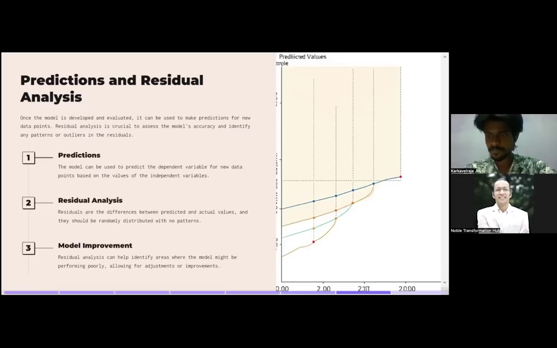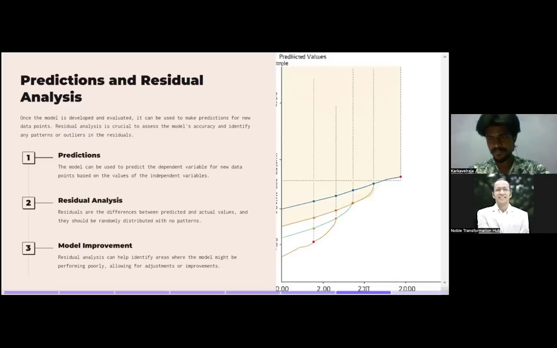Okay, residual analysis. Residuals are the difference between predicted and actual. That's what a residual is. What is the difference between a boy and a girl? That is a residual.